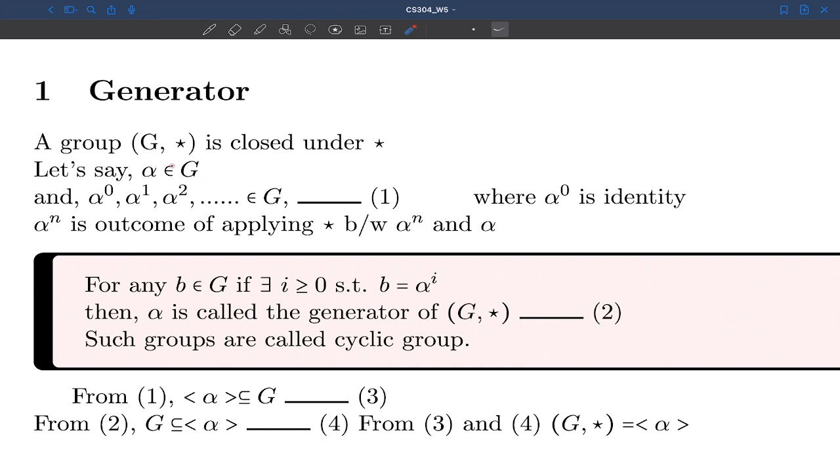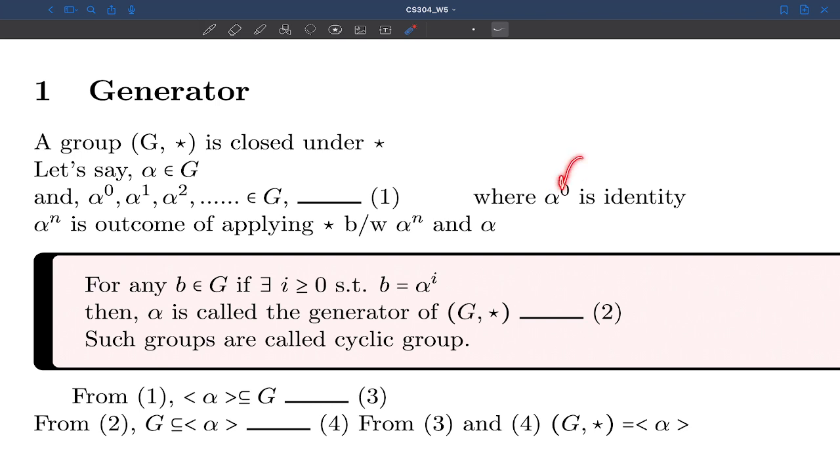So here, let's say I take an element alpha that belongs to my set G, and now I'm defining some notions. Now alpha 0. Here alpha 0 doesn't mean that I am raising alpha to the power 0. It only means this is a label. Alpha 0 is a label; here 0 is a superscript label.